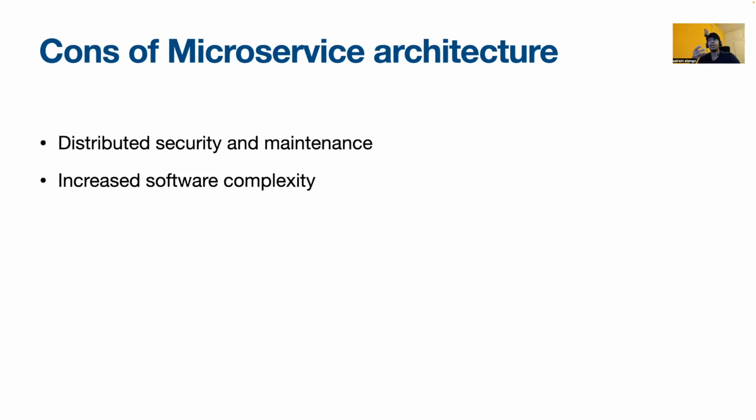And you have to have a team to maintain security over the network layer to protect your data during these HTTP calls or transferring messages through message brokers. And obviously, there is increased software complexity since there are many modules, and then your deployment strategies will also vary accordingly.